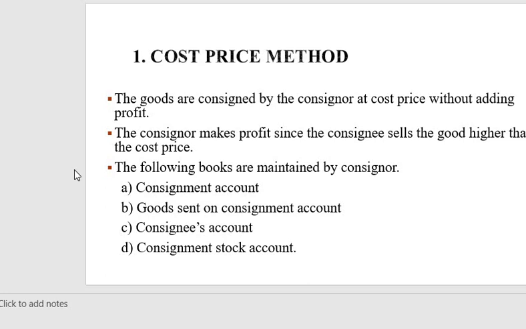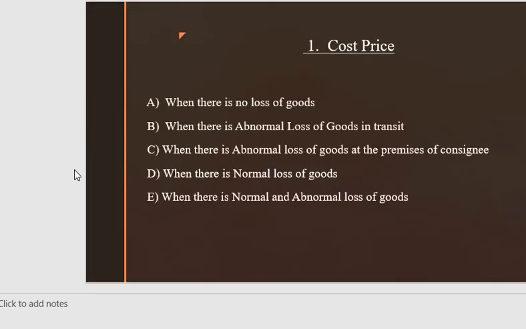Look into these 4 steps: calculation of consignment stock when there is no loss of goods, when there is abnormal loss, abnormal gain, anything of that sort. There is nothing given in terms of abnormal loss or loss of goods in transit, nothing in terms of normal and abnormal loss.